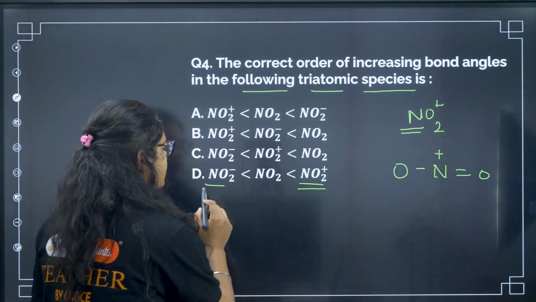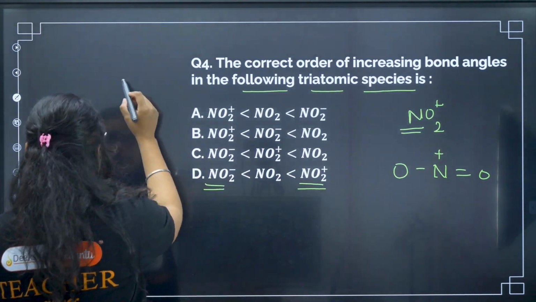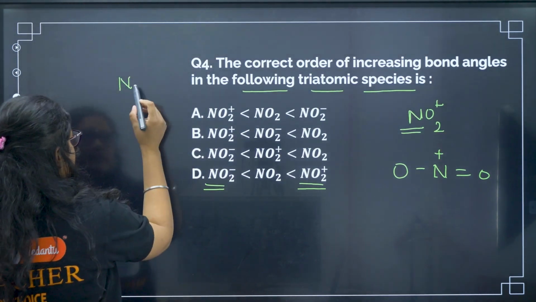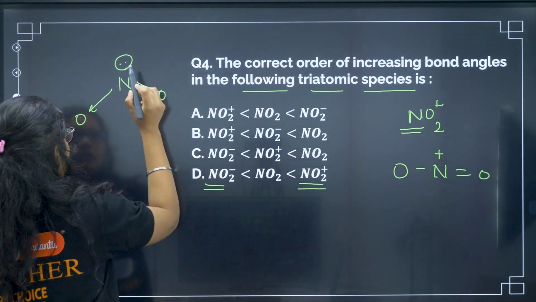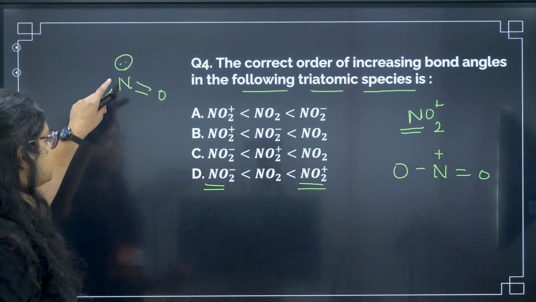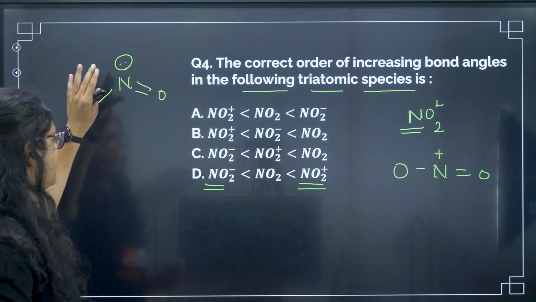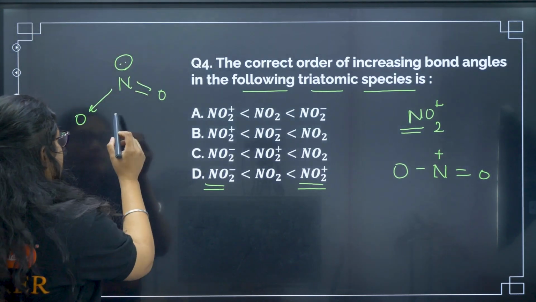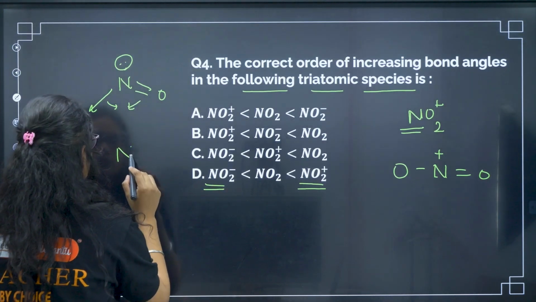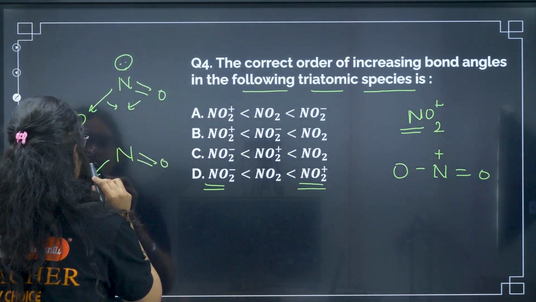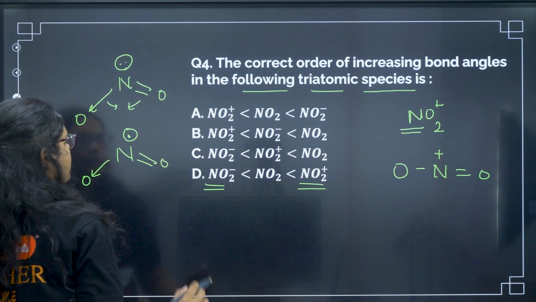And then in NO2 minus, if you see, nitrogen has 6 electrons, right? So the structure is like this. So we have 6 electrons. Due to the presence of this lone pair, there will be repulsion and the bond angle here will decrease. And if you see NO2, it is like this with 1 electron, right?